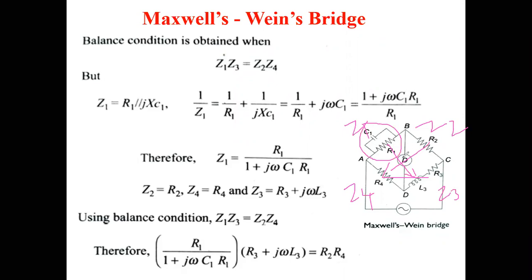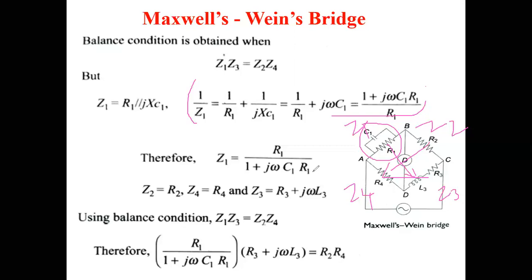So 1 by Z1 is equal to 1 by R1 plus 1 by J X C1, which is equal to 1 by R1 plus J omega C1, which in turn is equal to 1 plus J omega C1 R1 by R1. Therefore Z1 is equal to R1 by 1 plus J omega C1 R1.